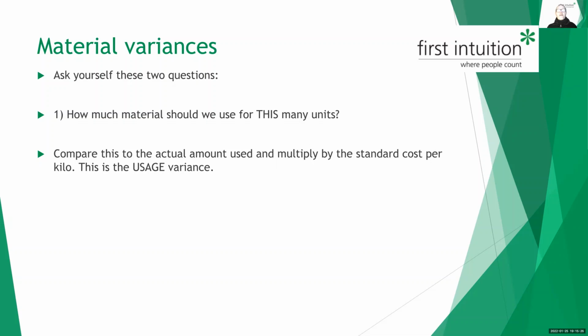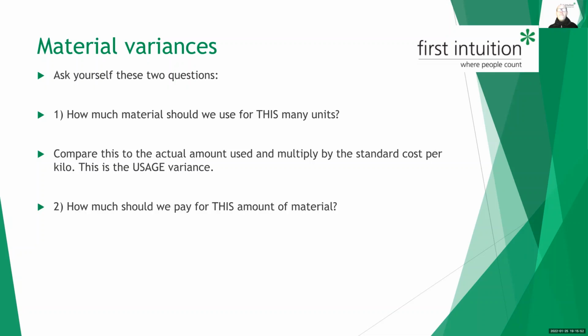So if we expect this number of units to need 20,000 kilos, and we actually use 20,500, that's 500 extra kilos of bad news. We multiply that by the standard cost. We're not interested in what we actually paid for it at this stage. We deal only with the amount of material different for our usage variance.